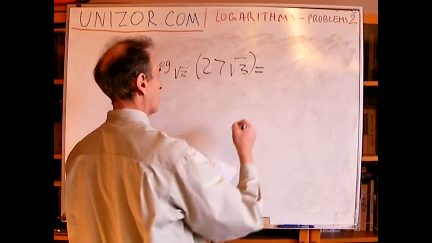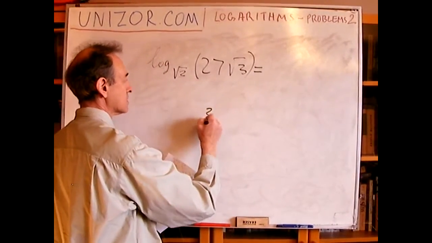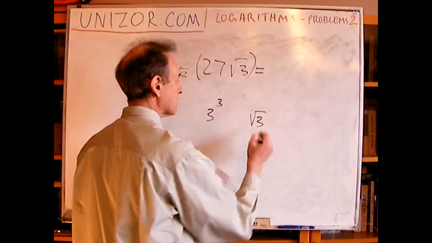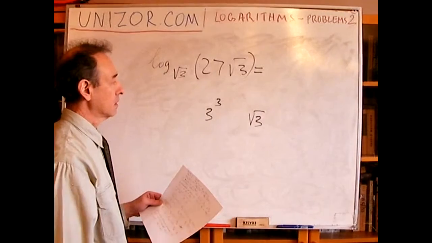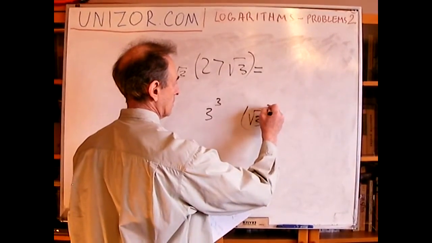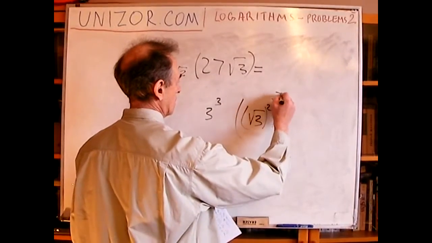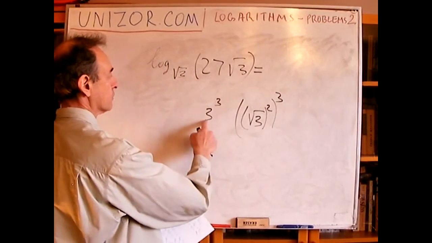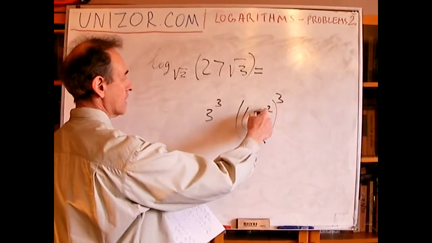So let's think about it. 27 is 3 cubed. But if I want to have the base square root of 3, instead of 3, I put square root of 3 squared.